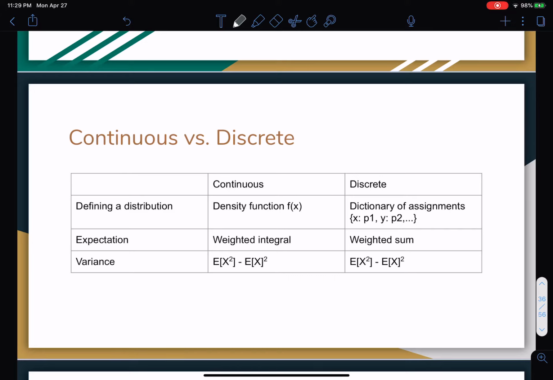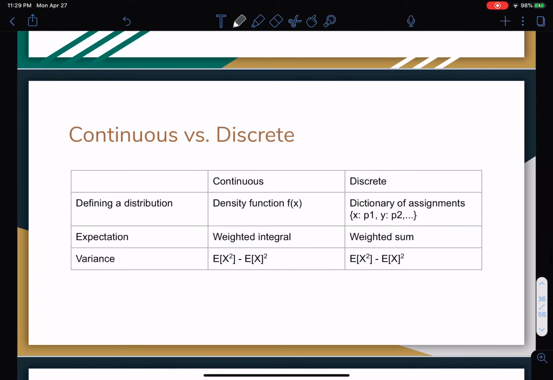So for the expectation, I'm just going to write it down for you. In the case of continuous, we have the integral of x times f of x dx. On the other hand, you had x times p of x, where p of x represents the PMF.